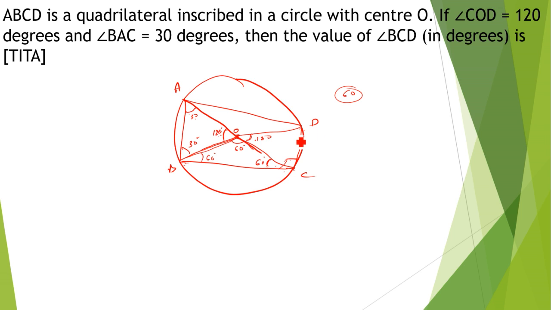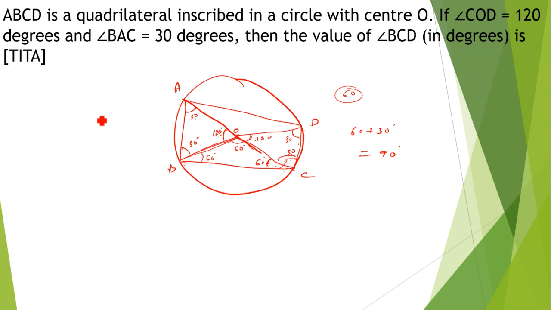So the remaining 60 will get equally divided among these two angles, so 30 and 30. So 60 plus 30 is equal to 90 degrees. So our required angle BCD is 90 degrees.